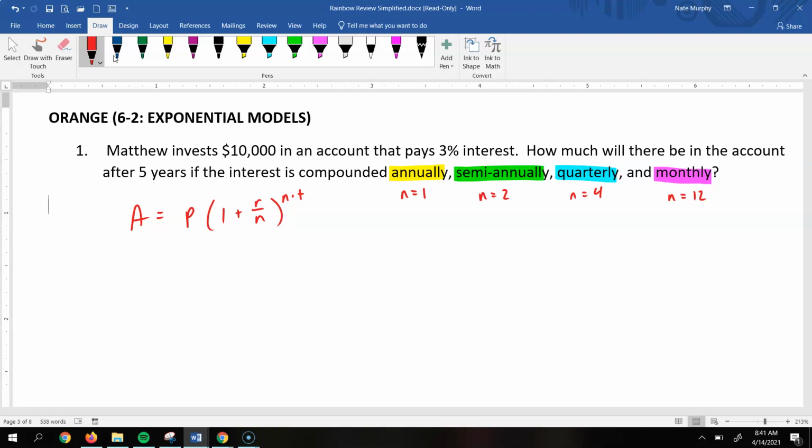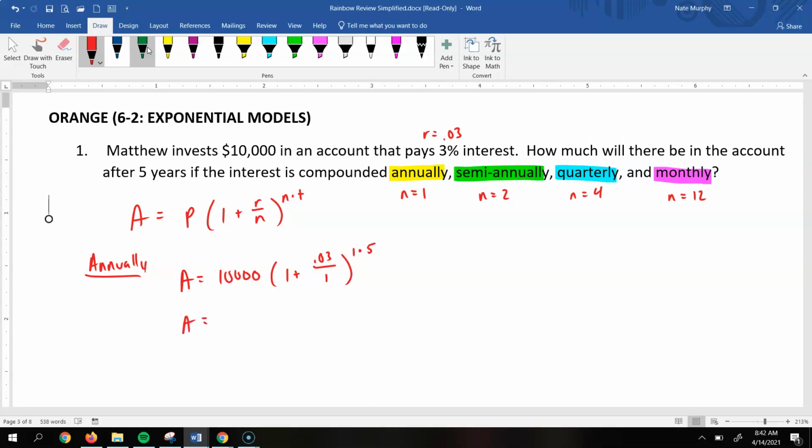All right, so let's start with annually. To find the amount, it would be your principal, which is $10,000, times 1 plus our rate. Please make sure that we change that to a decimal. So your rate divided by n would be 1, and then we'd have 1 times the number of years, which is 5 years.